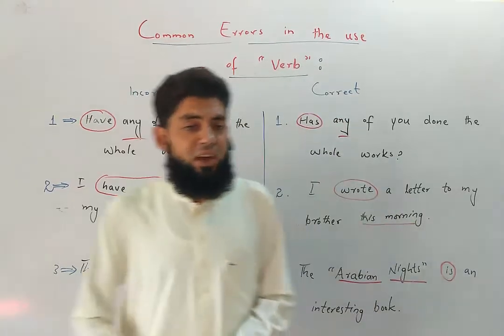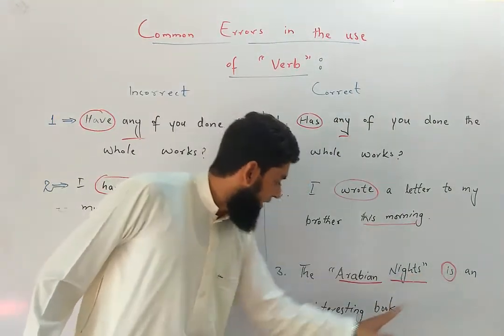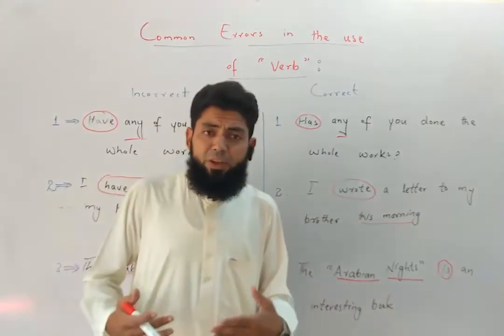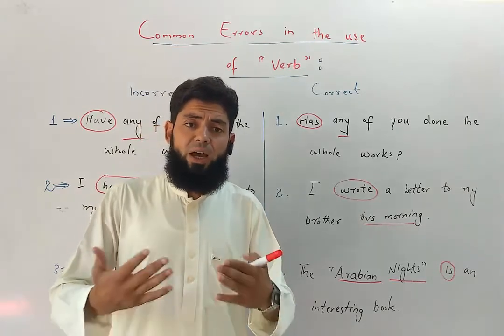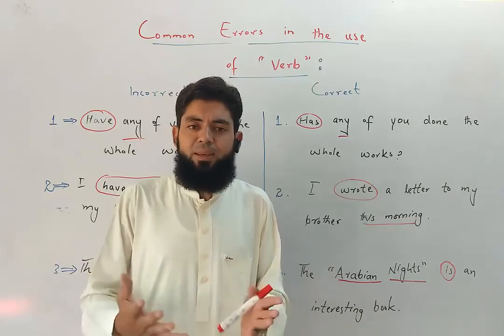I have written the correct sentence: "The Arabian Nights is an interesting book." So apparently when we look at the sentence, we think it is quite clear and correct, but it is not.